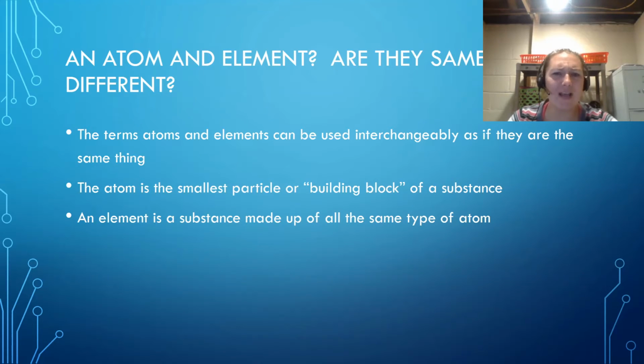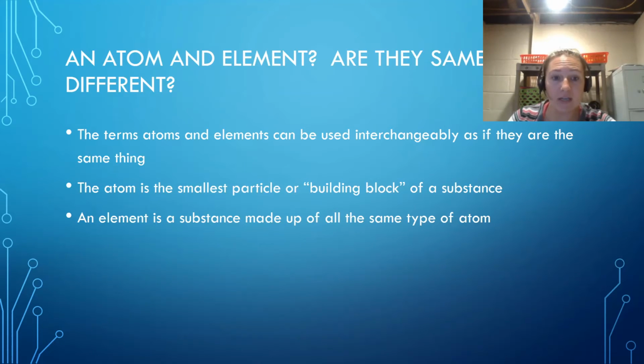An atom and an element, are they the same or different? Because our table is called the periodic table of elements, but we're sitting here talking about atoms. Well, the terms atoms and elements can be used interchangeably, as if they are the same thing. The atom is the smallest particle or the building block of a substance.